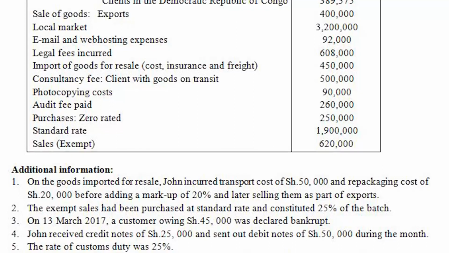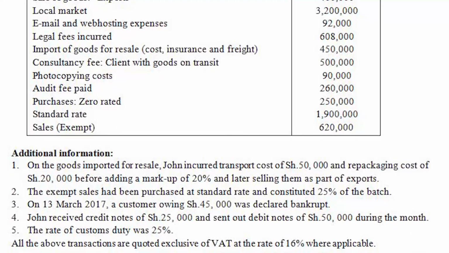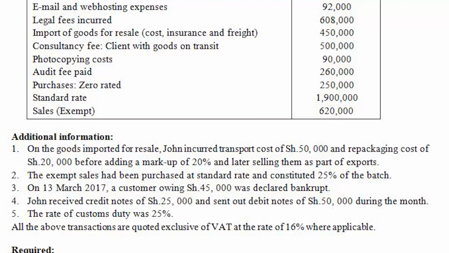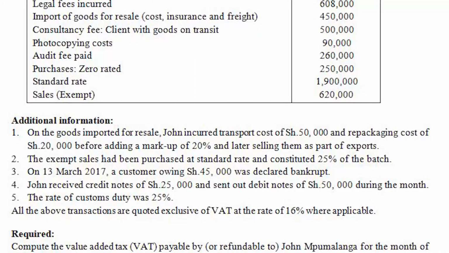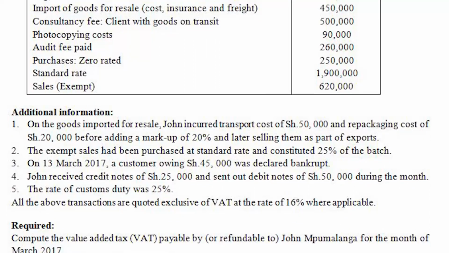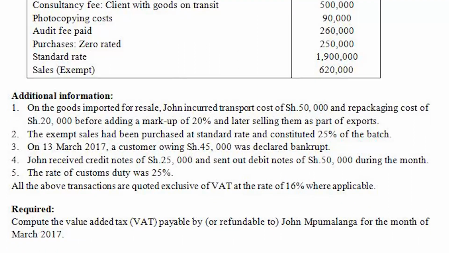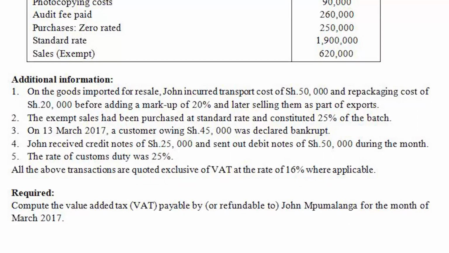Additional information. Number 1, on the goods imported for resale, John incurred transport cost of 50,000 and repackaging cost of 20,000 before adding a markup of 20% and later selling them as part of exports. Number 2, the exempt sales had been purchased at standard rate and constituted 25% of the batch.